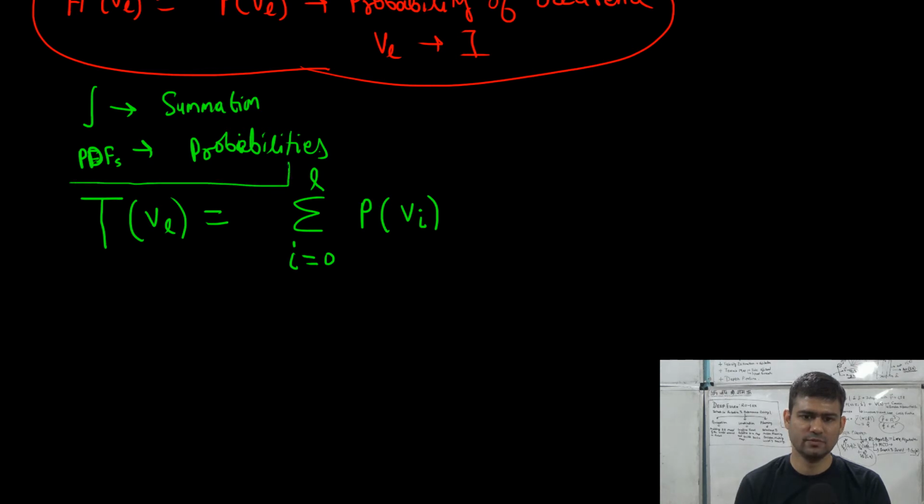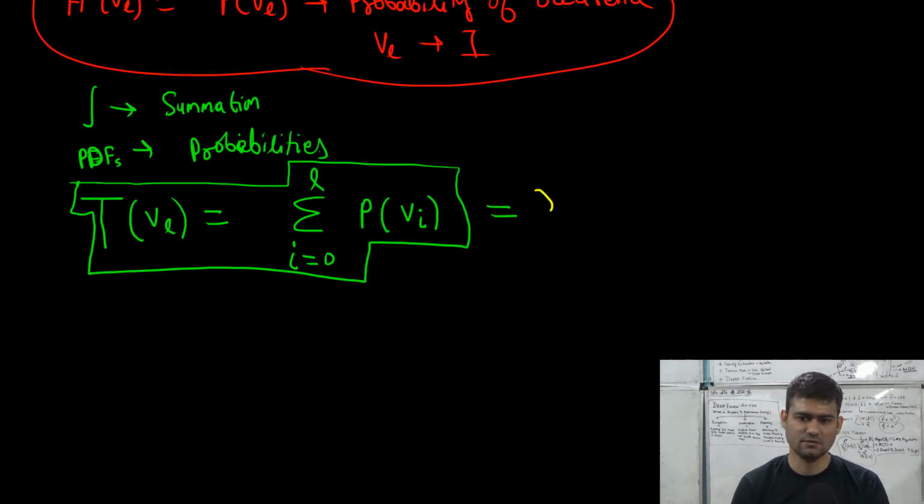So this is going to be our transformation function for histogram equalization, and this gives our resultant pixel value R.